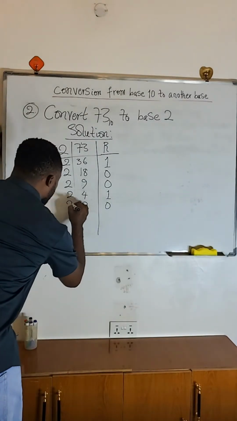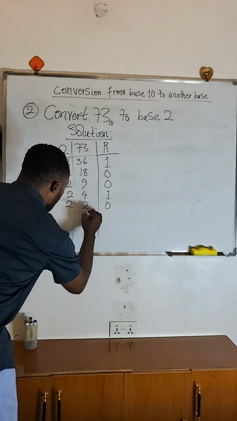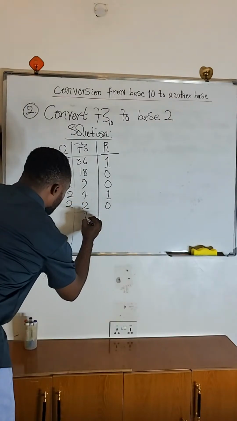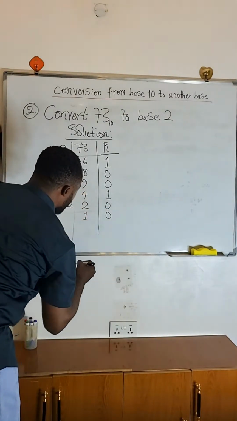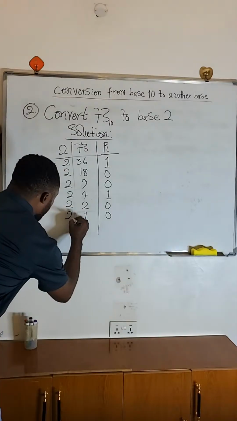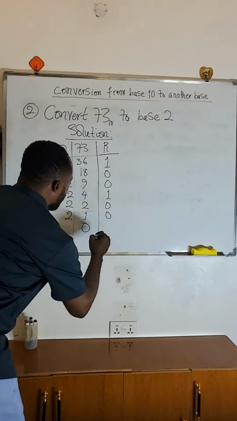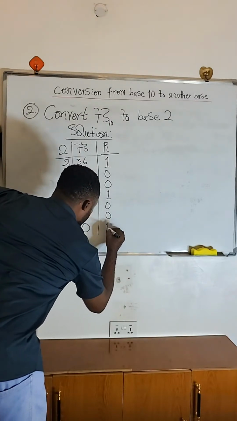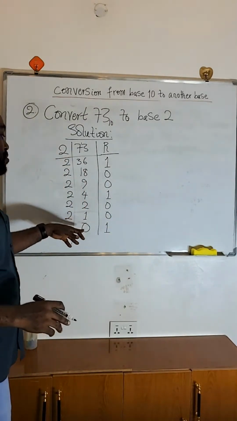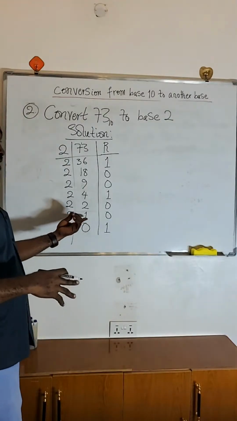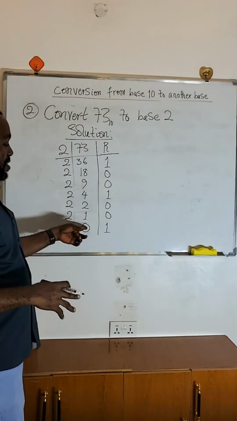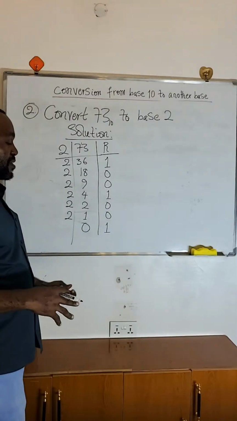Again, 2 goes into 2, 1 time. Remainder 0. And then 2 goes into 1, 0. Remainder 1. So 2 cannot go into 1. That is why it is 0. And then we repeat the 1 here.